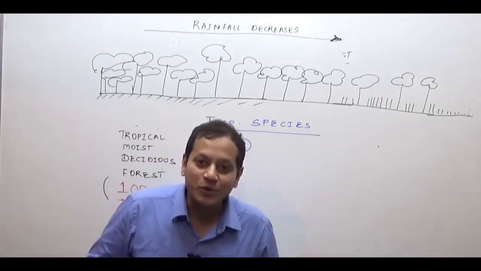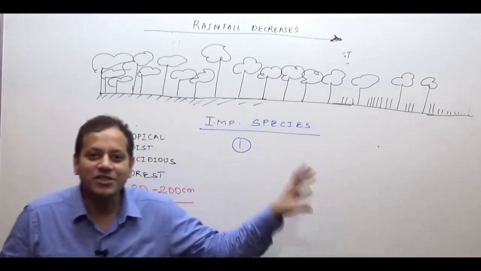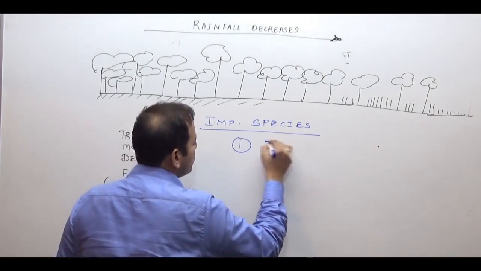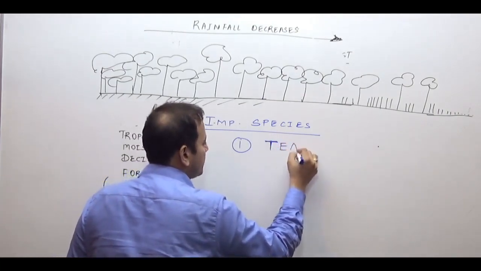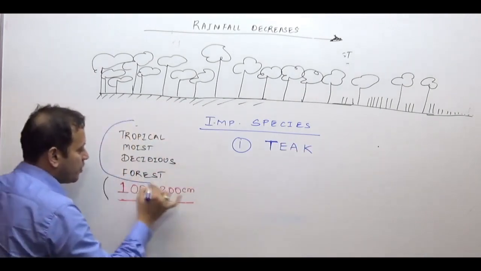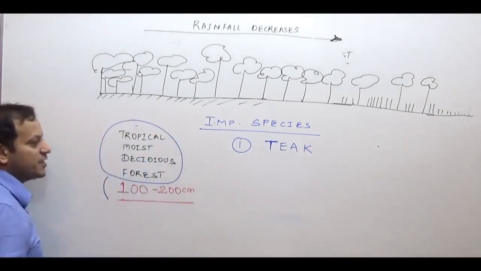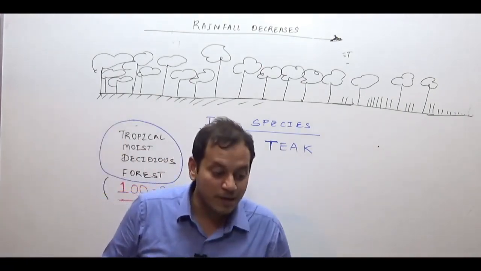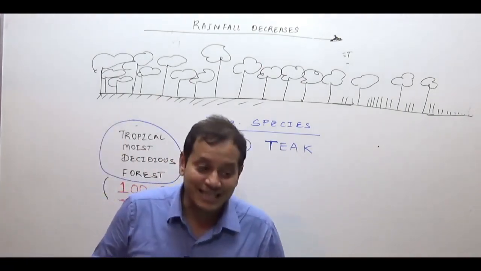Why is teak wood used? Teak wood is used for the construction industry. The teak wood is a versatile wood and it is the most important species of the tropical moist deciduous forest.